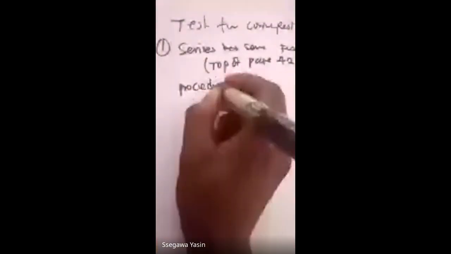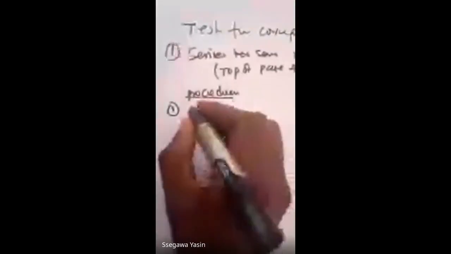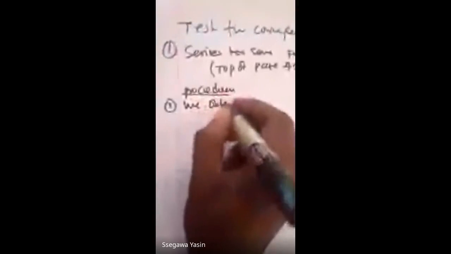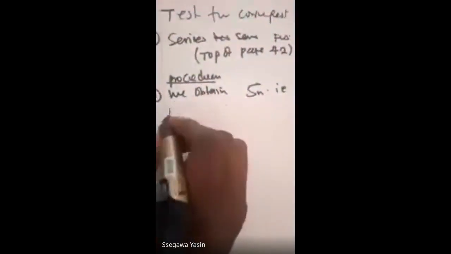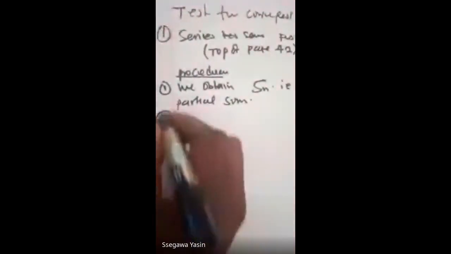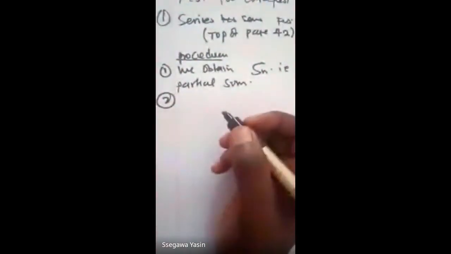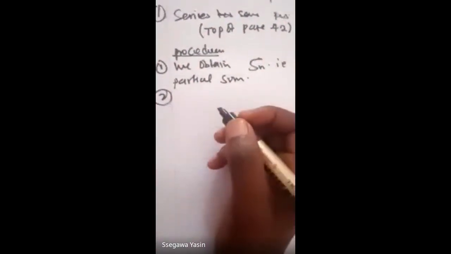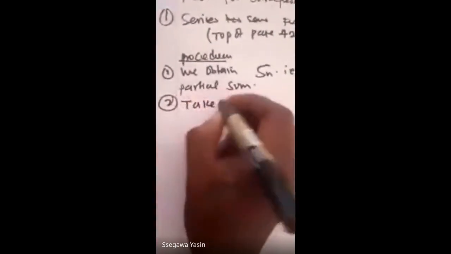The procedure: we have one, we obtain the sum Sn, i.e. the partial sum. Two, the partial sum, remember, we take a certain value of limit. Then we take the limit. This is what we tried last time.